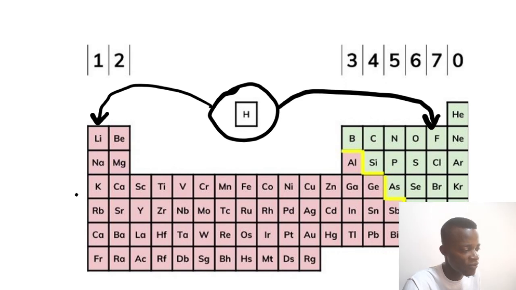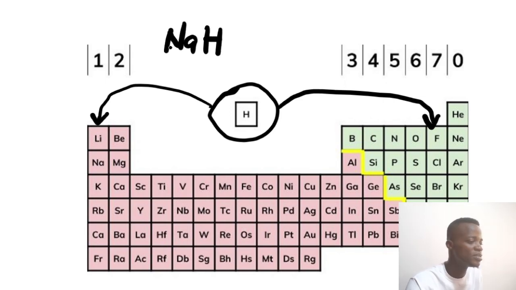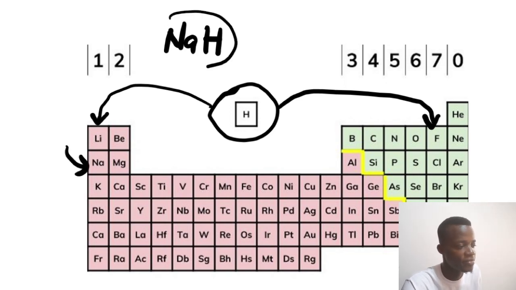An example of that is sodium hydride. In sodium hydride, hydrogen is meeting sodium. Sodium is in group 1, so at this moment, sodium gives an electron. Sodium doesn't have the choice to either take or give an electron; it has the only focus of giving out electrons.